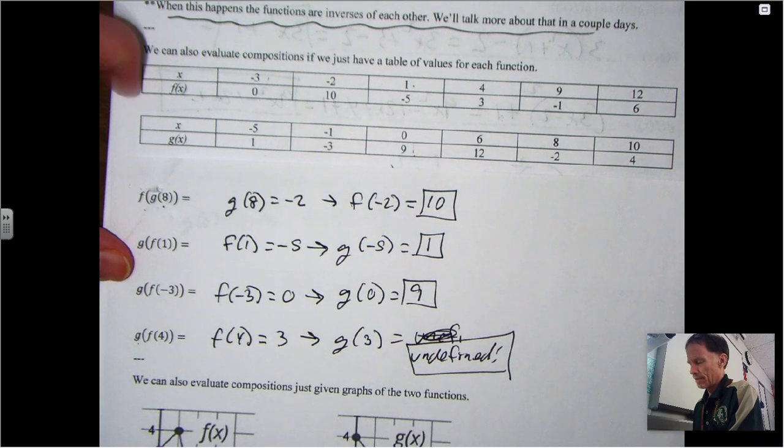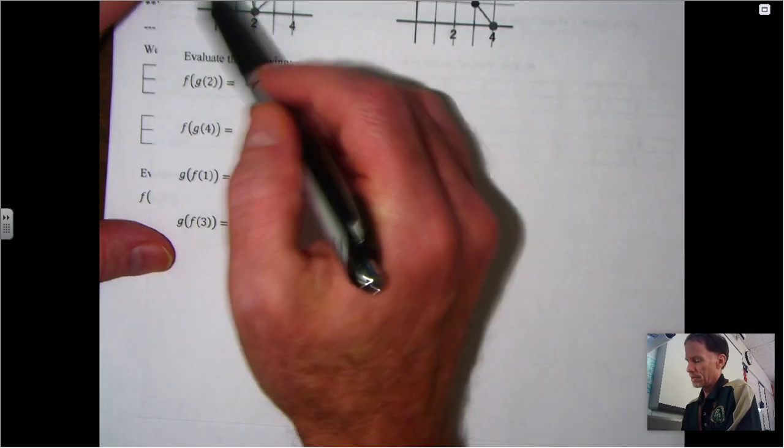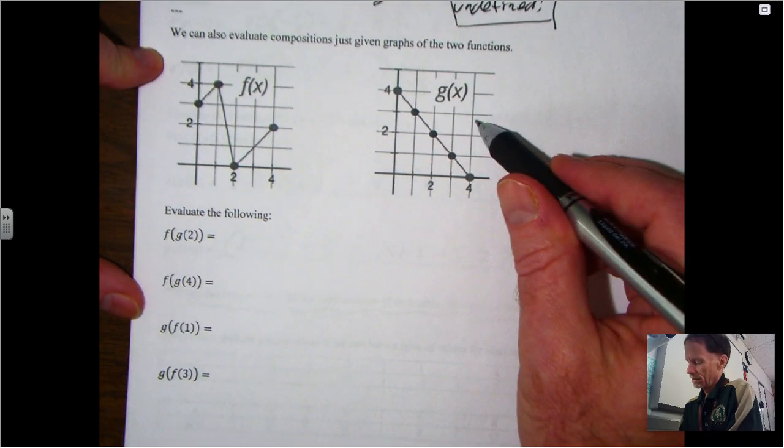And we can do the same kind of trick if we have graphs. So here we have a couple simple graphs of some functions. Notice this is f on the left, and this is g on the right. Always work inside out.